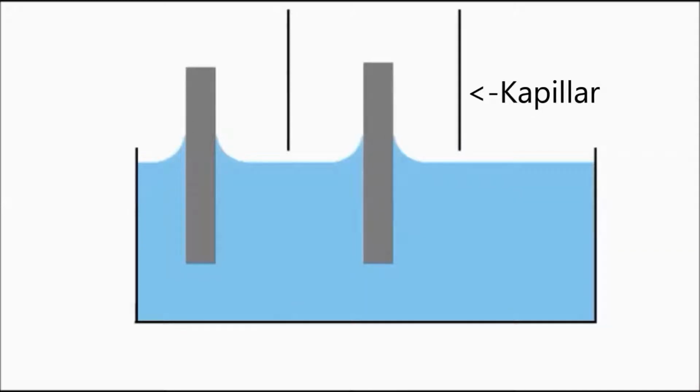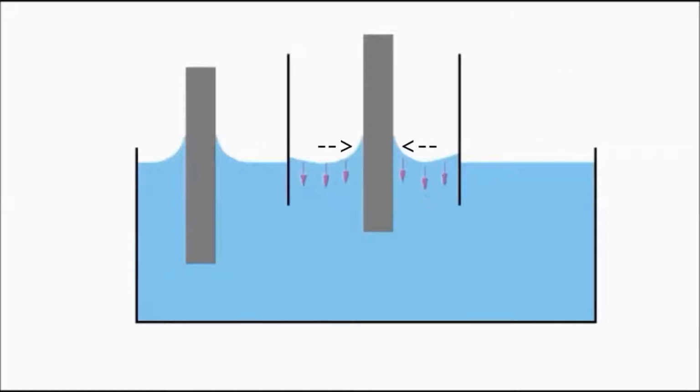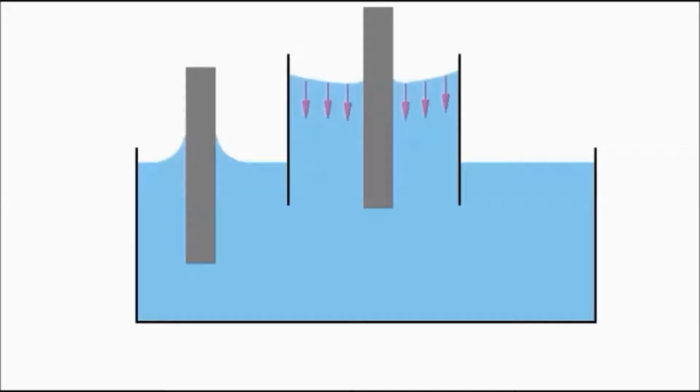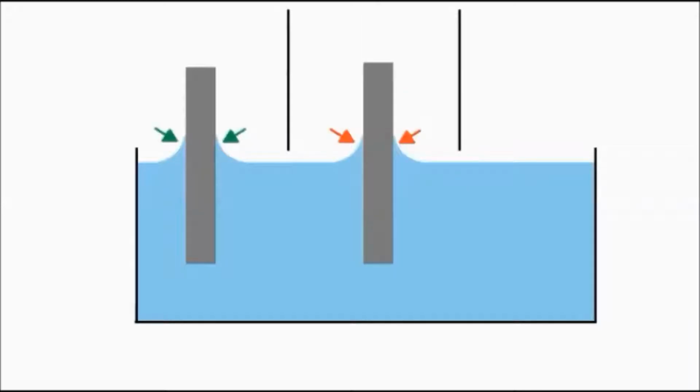There is the capillary, and now you see the little hills with these black arrows, and when the water rises in the capillary, the little hills become smaller, and with this less weight means the floater rises. And as you can see here, the floater inside the capillary is higher than the floater outside the capillary.